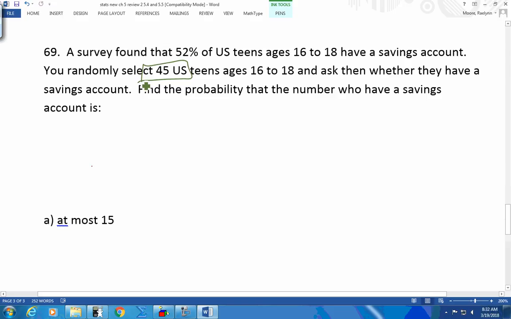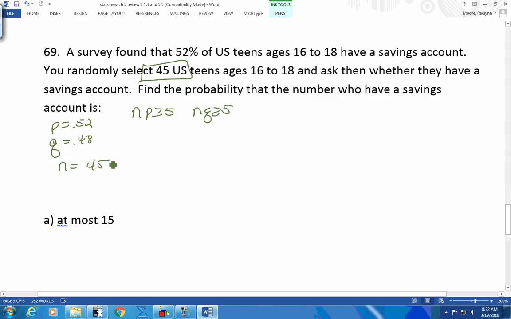They say yes or no. The 30 doesn't matter in this one, because we have to do the test for this one. Q is 1 minus 0.52. Good. So P is 0.52, Q is 1 minus that, and what is n? 45.